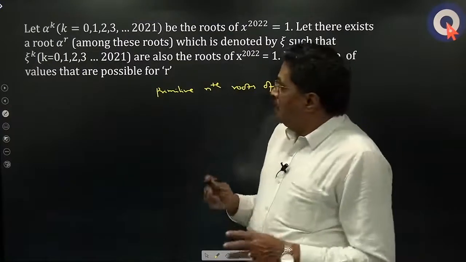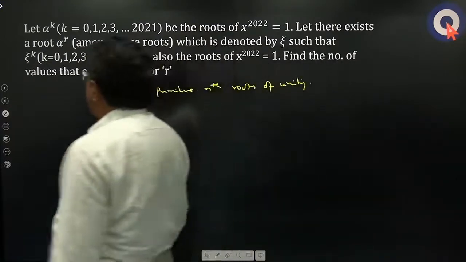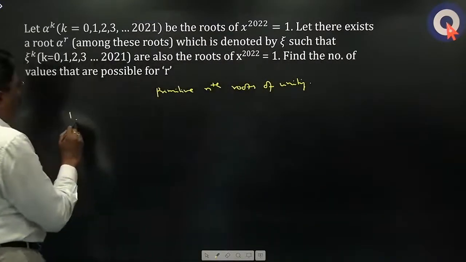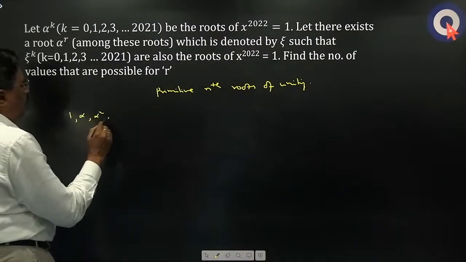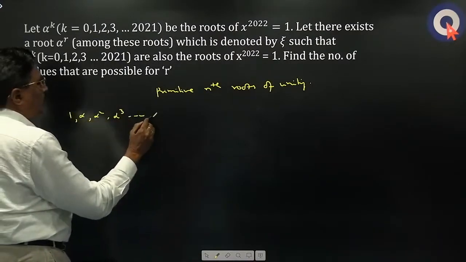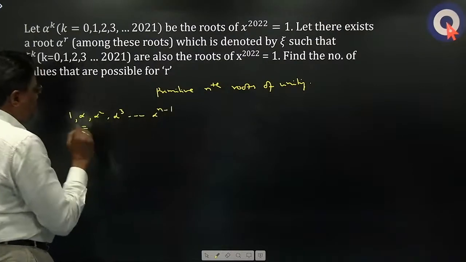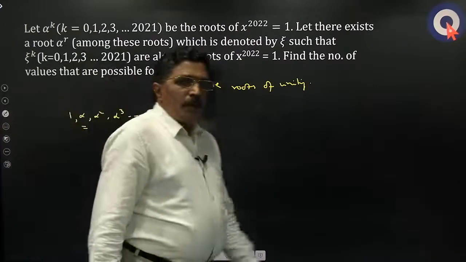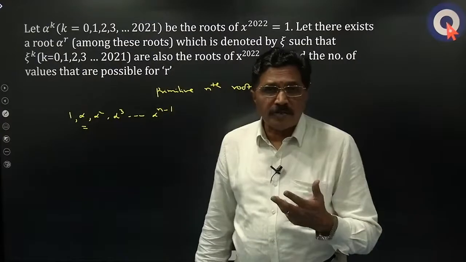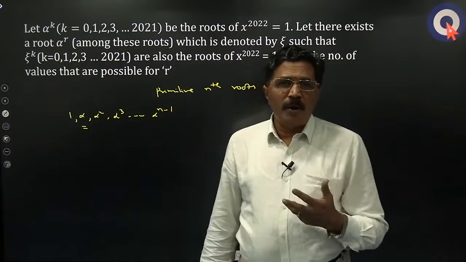When you consider the nth roots as 1, alpha, alpha square, alpha cube, etc., alpha^(n-1), in this you see alpha, if you square it, you get alpha square. If you cube it, you get alpha cube.